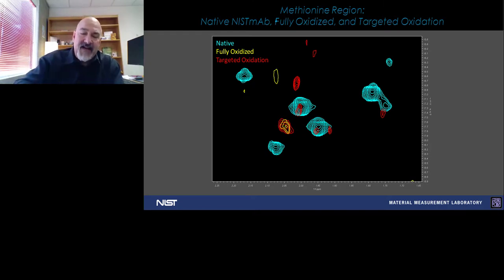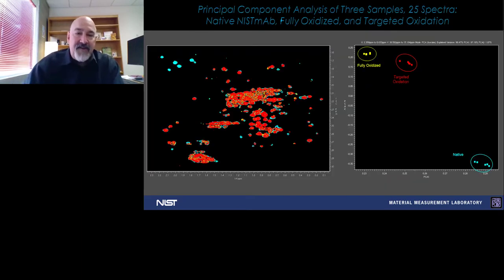Here's what the methionine region of those 3 targets looks like, and here's what the principal component results look like. So without any interaction, we're able to differentiate these 3 cases of native, partially oxidized, and fully oxidized.